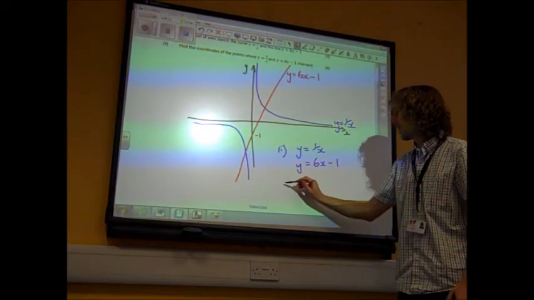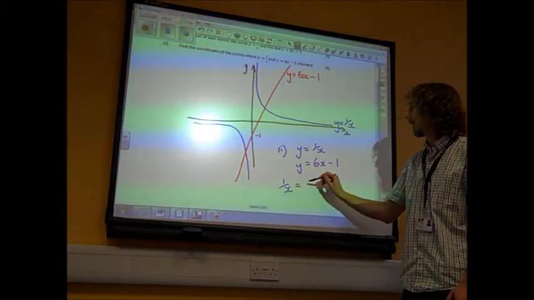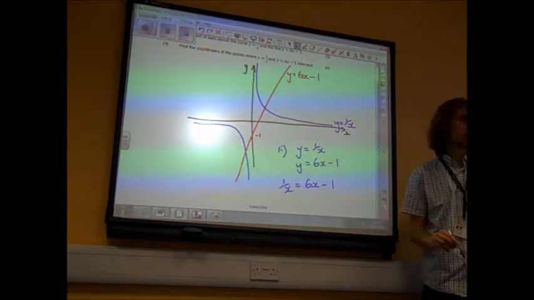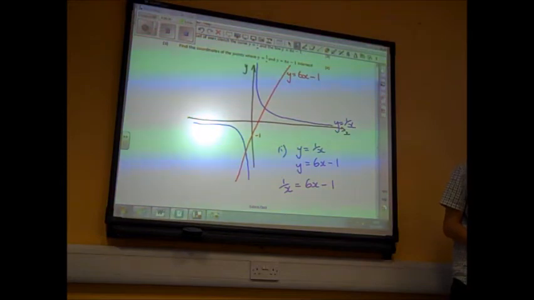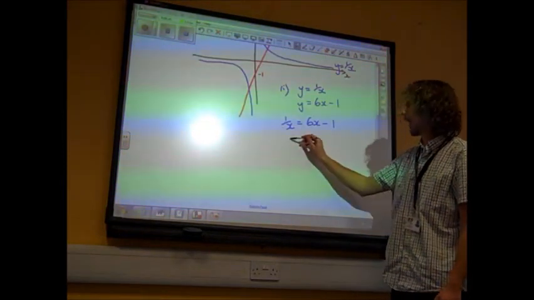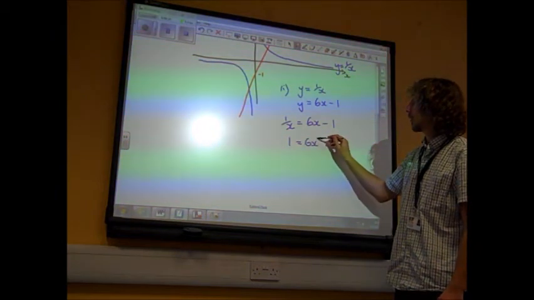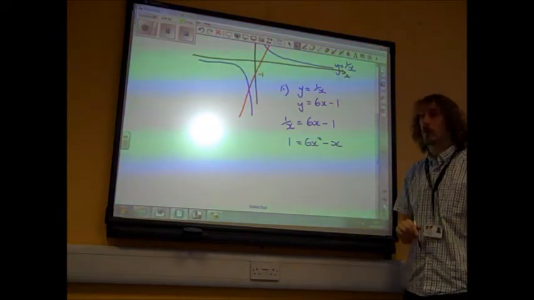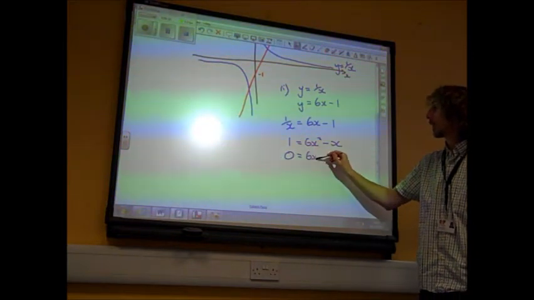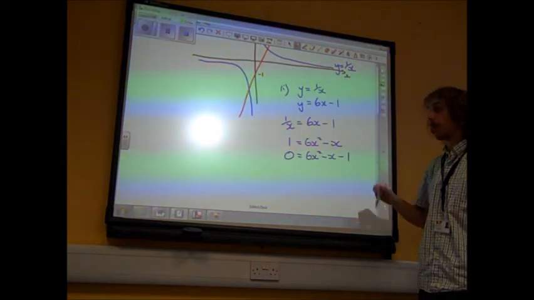If we put these together, we've got 1/x is 6x minus 1. We've again got an unknown on the bottom of our fraction, so we're going to multiply everything by x, to give us 1 equals 6x squared minus x, so that gives us 0 is 6x squared minus x minus 1.